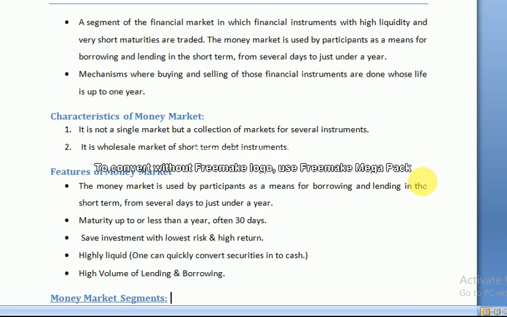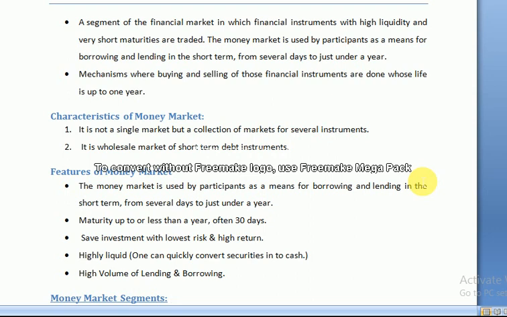Another feature is that it deals only with those financial assets which can be converted into cash rapidly without loss and with minimum transaction cost.